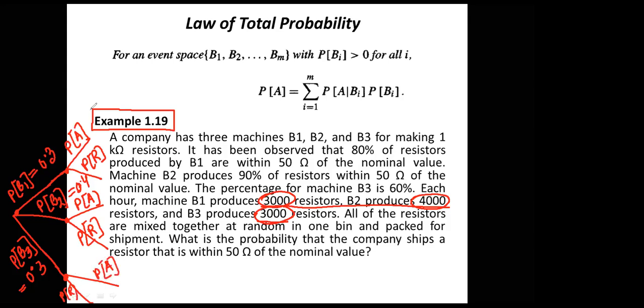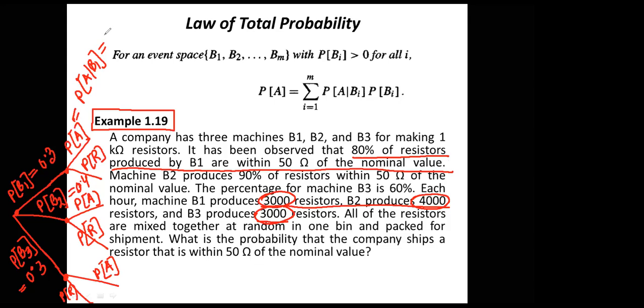Now for this A, actually this A is same as A condition B1, and that is equal to what? 0.8, because 80% of the resistors produced by B1 are within 50 ohm of the nominal value.